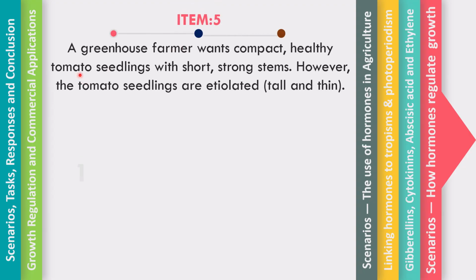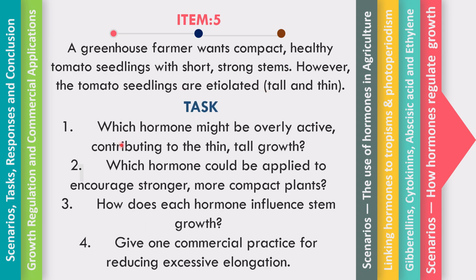Item 5. A greenhouse farmer wants compact, healthy tomato seedlings with short, strong stems. However, the tomato seedlings are etiolated, tall and thin. Task: which hormone might be overly active, contributing to thin, tall growth?